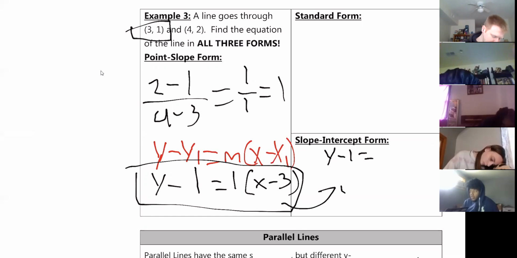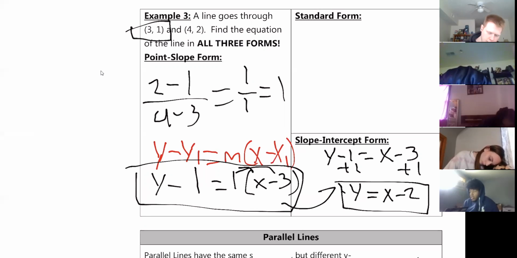If you had a slope that wasn't 1, you'd want to distribute. But obviously, that would just be x minus 3. If you had a slope of 2, you'd want to distribute that 2 or whatever it is. Then to get y by itself, just add that 1. So our slope-intercept form would be y equals x minus 2.